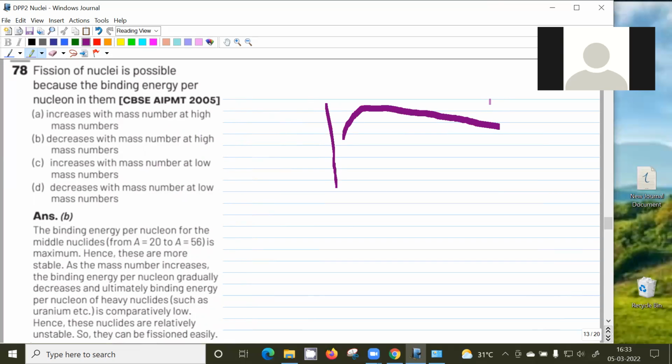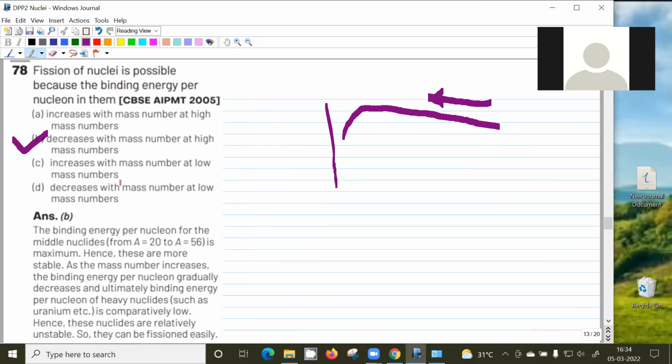He's talking about fission. Up to that peak is low mass numbers only. Fission means we are going in this direction, so there is an increase in binding energy with decrease in mass number. This region corresponds to decrease in mass number at higher. Binding energy per nucleon decreases with mass number.